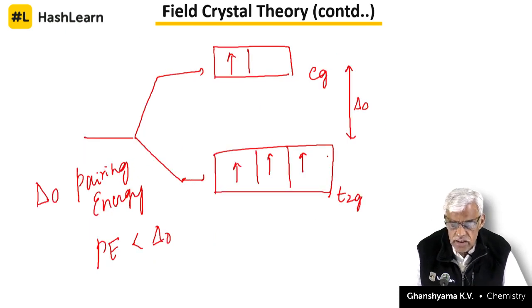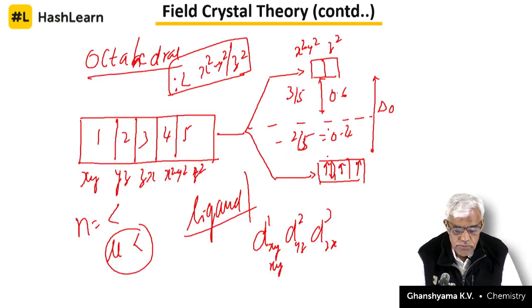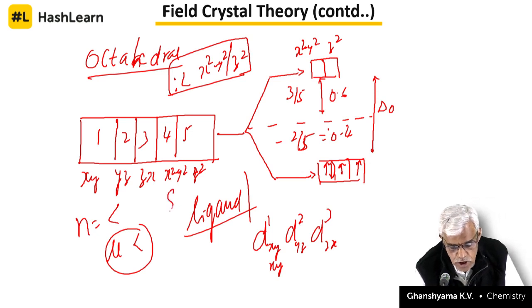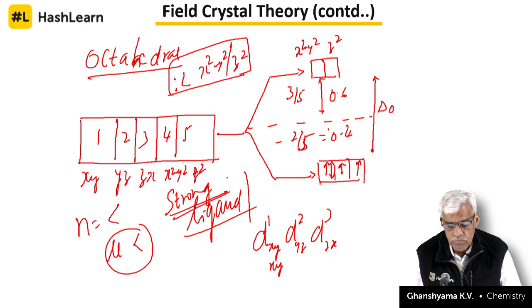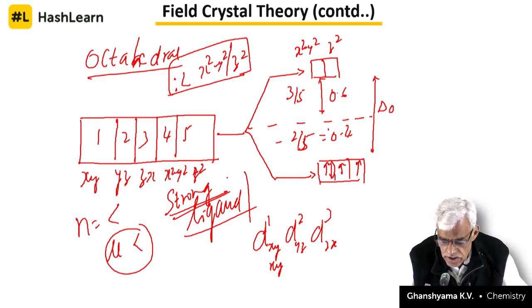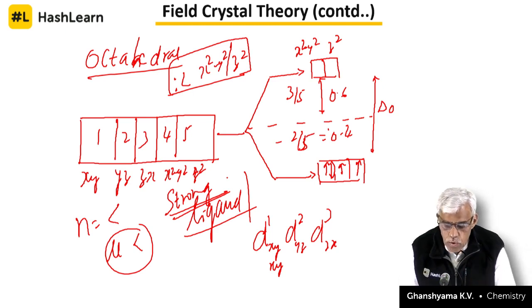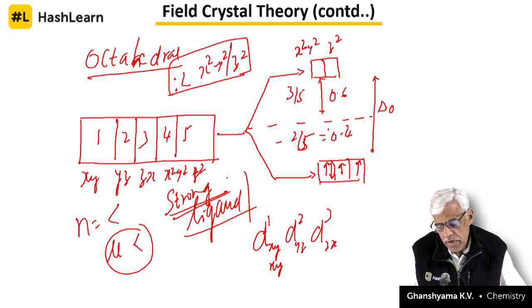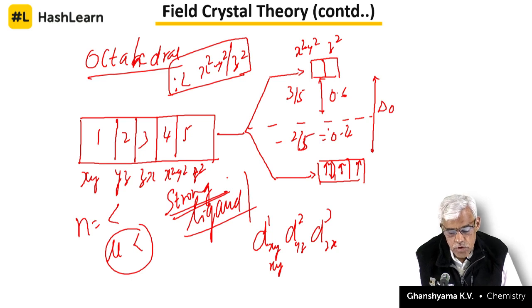This pairing will take place if the ligand is strong. See here? This was not explained by valence bond theory. Here it is explaining how the pairing will take place, due to the losing of the degeneracy in the d orbital.